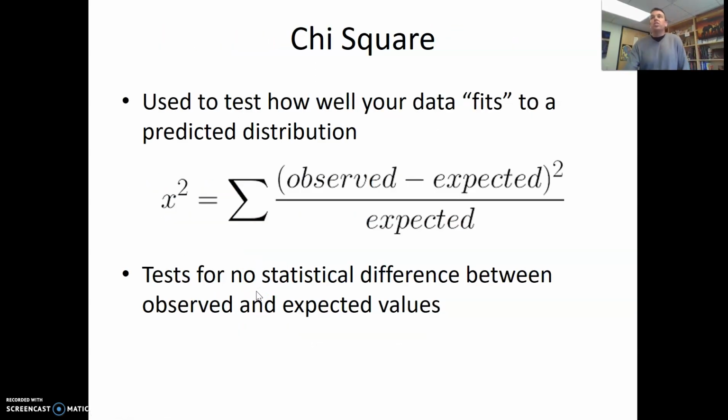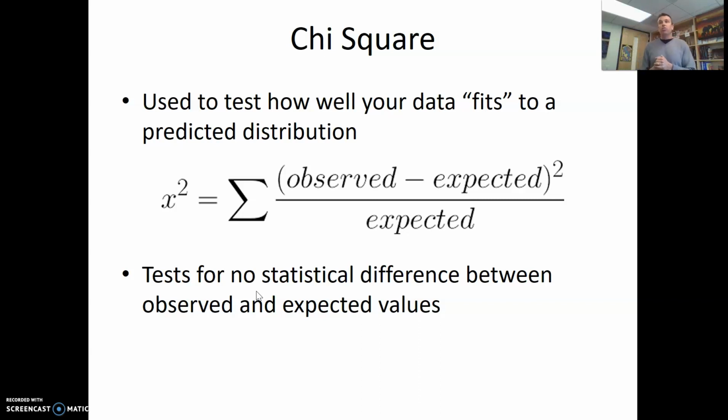So, again, this is basically used to tell how well your data fits to a predicted distribution. So the hardest part of this chi-square, especially when you're using Excel and you know how to do it, is not doing the chi-square itself, it's thinking about what your expected values should be, because you have to create your expected values. What was expected in order to really see if you're different from that expectation or not.